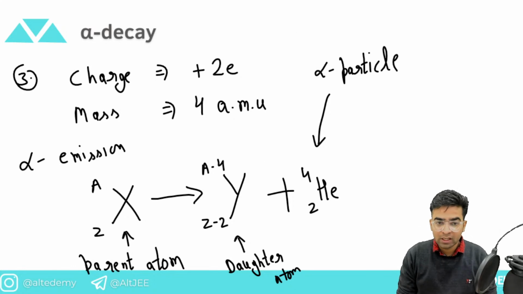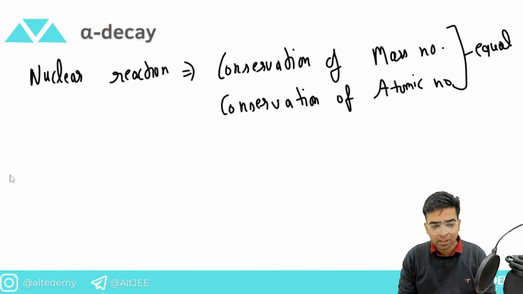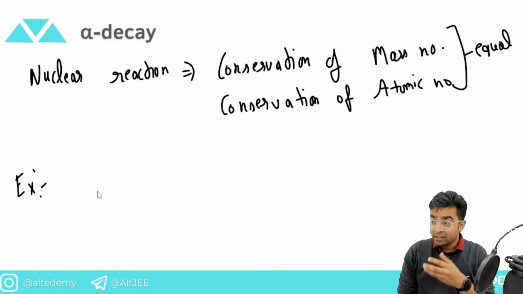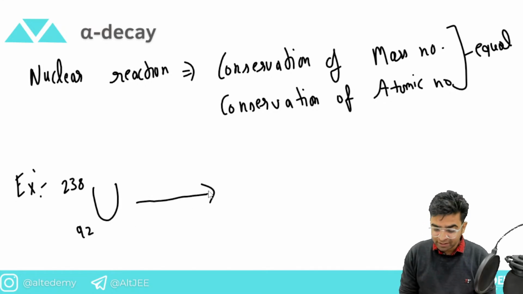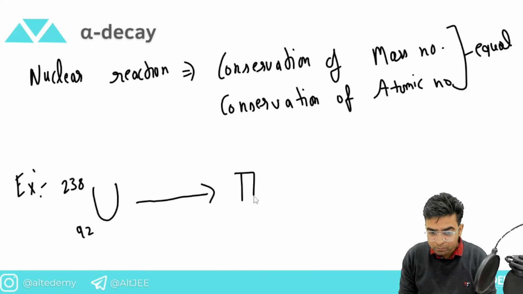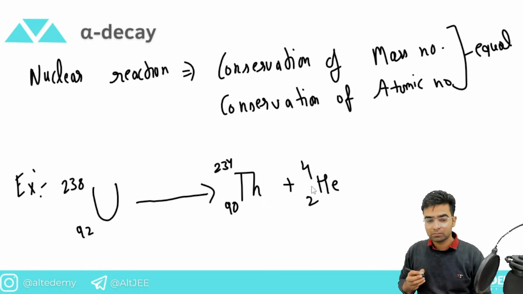Let's take an example, uranium 238, 92. After alpha decay, it will become thorium 234, 90, plus He 4, 2.